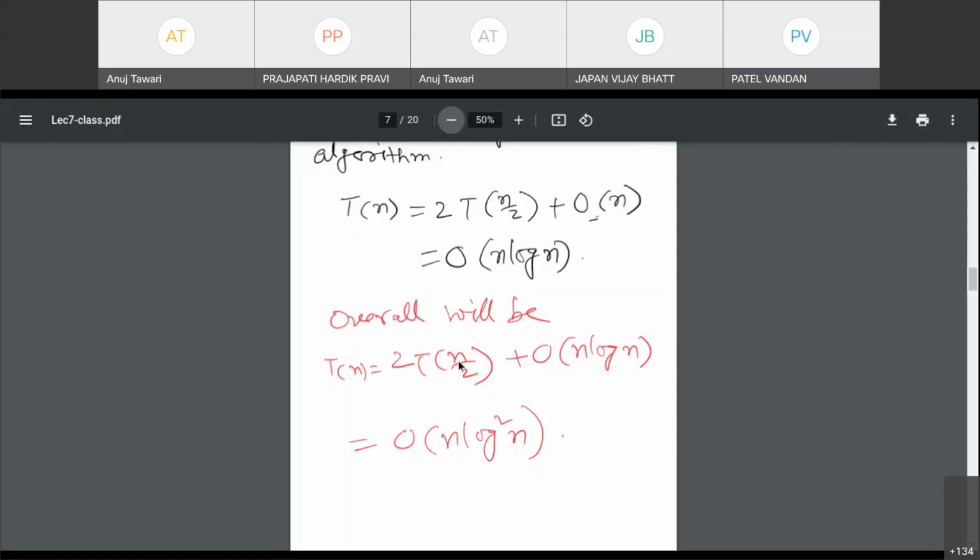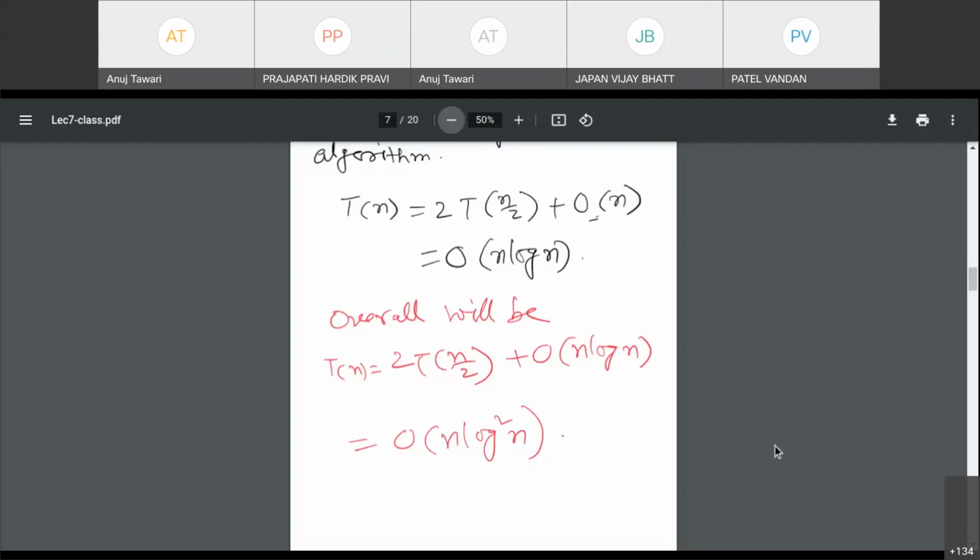We divided it into two halves, right? Those points. And after that, we created a strip and arranged the points in increasing order of y coordinate. And that step took n log n time. And when you solve this recursion, you get n log squared n. And the question was, how can we drop it down to n log n?